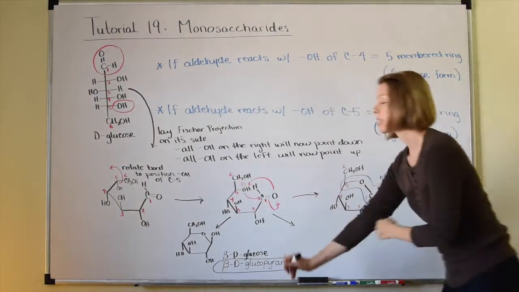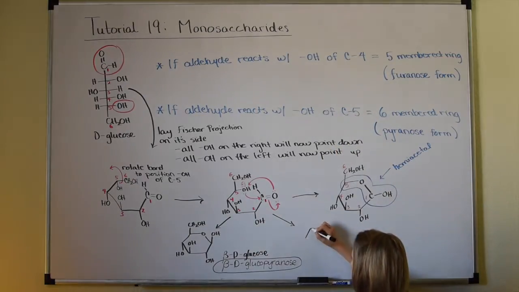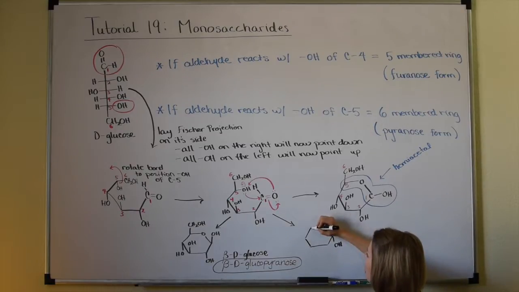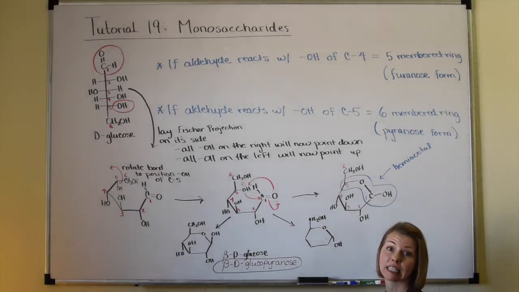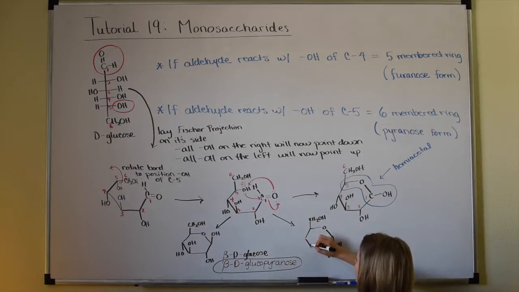The other diastereomer, the other anomer, would have that OH pointing down, the opposite direction as the CH2OH of carbon 6. Everything else stays the same, so down, up, down, okay?